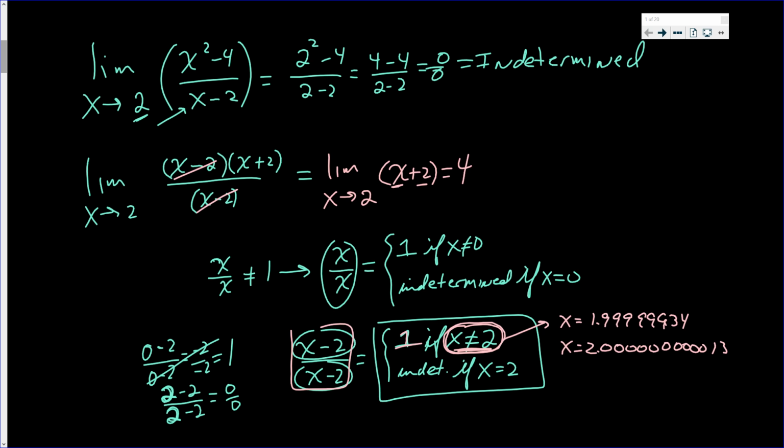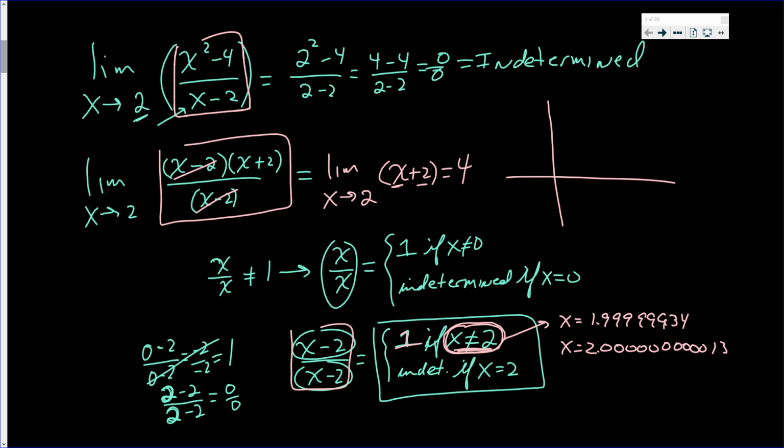What is going on here is that this function, which happened to be the one above, not factored, is the same as this function, except at 2. This is undefined at 2. Okay?